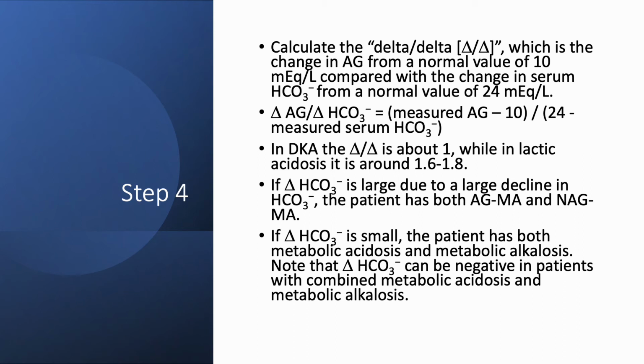Now, when you look at the formula, it's the measured anion gap minus 10 divided by 24 minus the measured serum bicarbonate. If the measured serum bicarbonate is above 24, then you are going to have a negative delta ratio, and that would be obvious. Then you have metabolic alkalosis in addition to the metabolic acidosis.